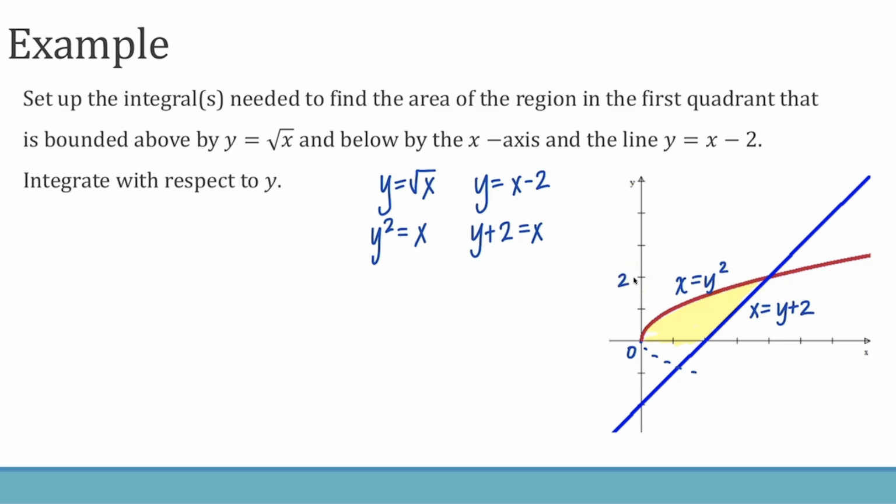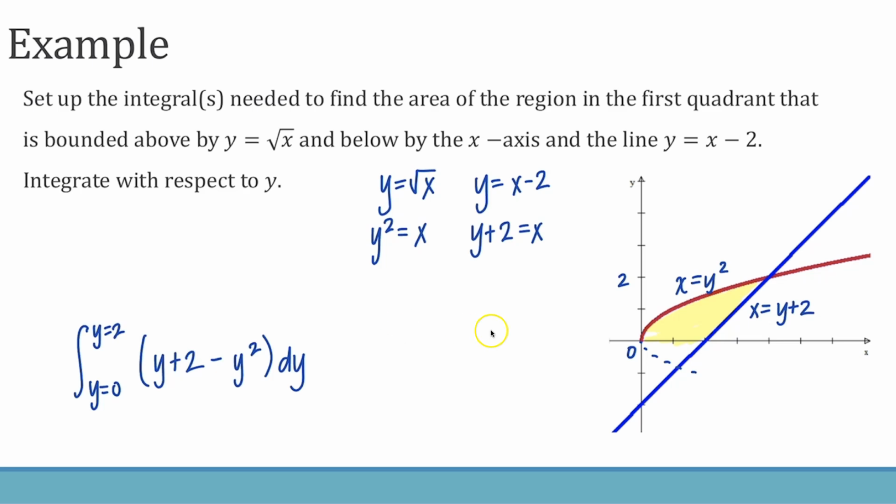So we can see that this point of intersection occurs at a y value of 2. So our interval is from 0 to 2. The setup of our integral is going to be from y equals 0 to y equals 2 of the right function as a function of y, so y plus 2, minus the left function as a function of y, which would be y squared, dy.